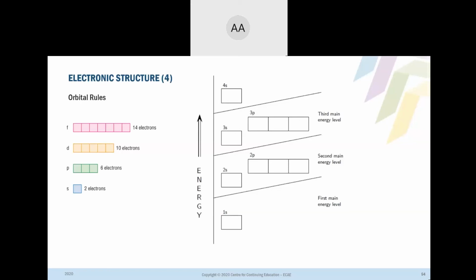An electron can occupy an orbital on its own, but it would rather occupy a lower energy orbital with another electron before occupying a higher energy orbital. In other words, within one energy level, electrons will fill an s before they fill a p. S subshells can hold 2 electrons, p subshells can hold 6 electrons.